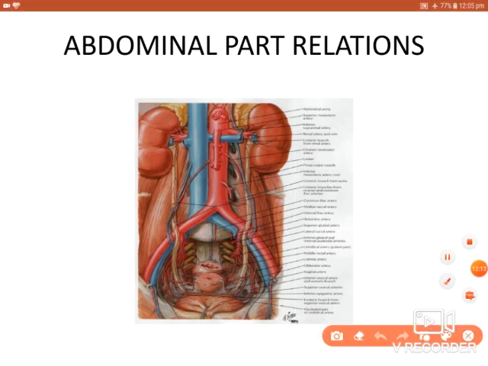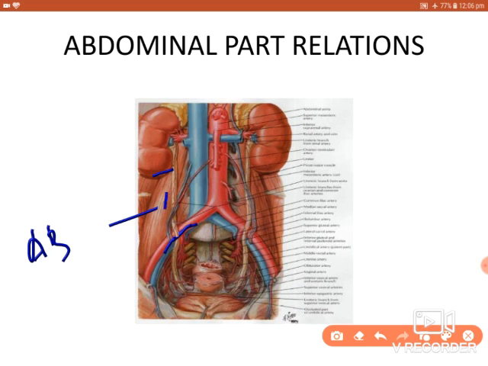Now the abdominal part relations. This is the uretero-pelvic junction, and this is the pelvic brim. This part forms the abdominal part. It lies over the psoas major muscle.